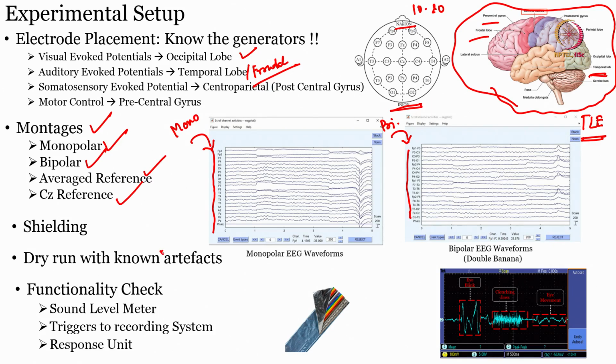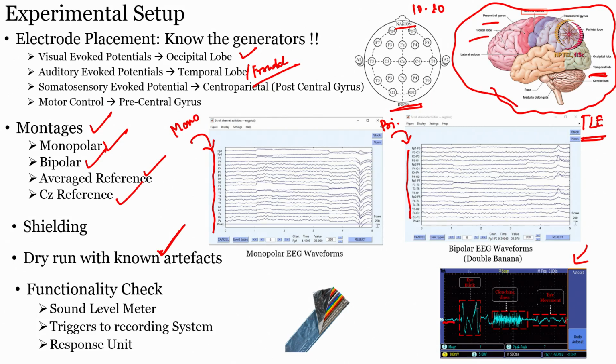Also, this is a known thing, you should dry run with known artifacts. I am talking about human, non-invasive human experiments. This is a snapshot from one of the CRO when we were considering this kind of application. This is generally the baseline what you can see here.